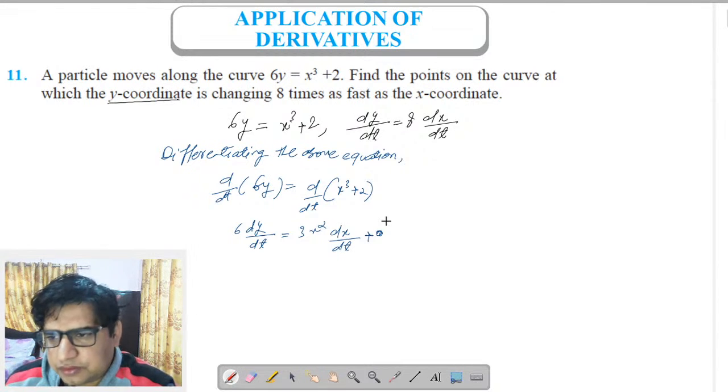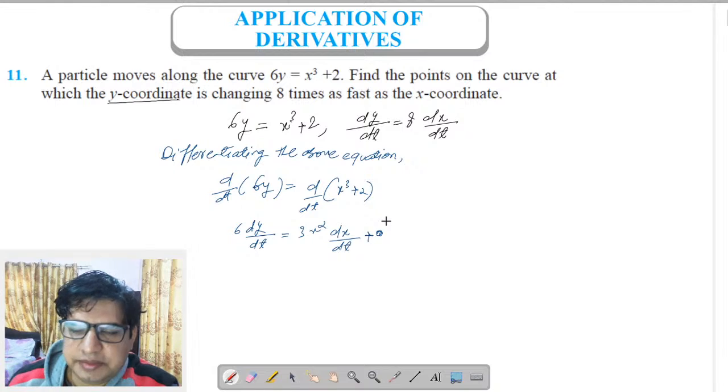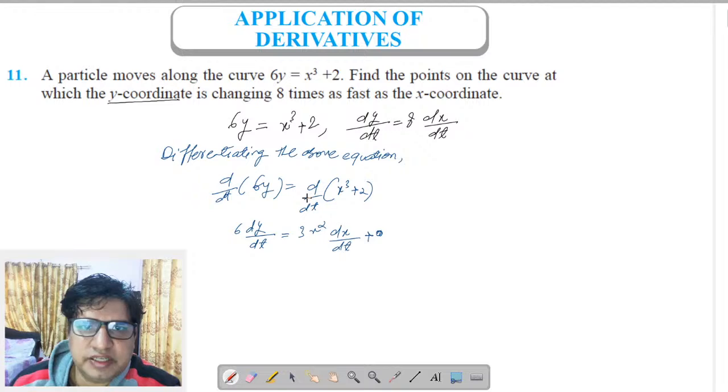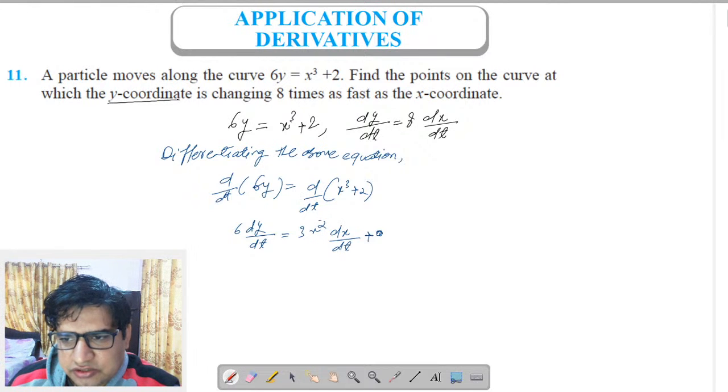So even if you differentiate with respect to t, the differentiation of a constant will be 0.